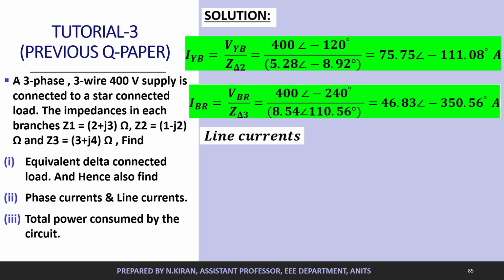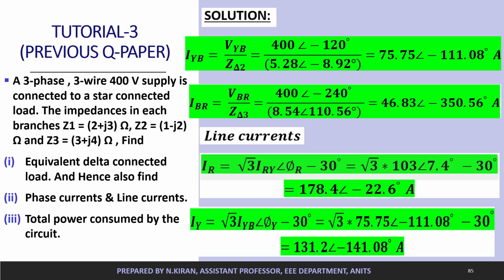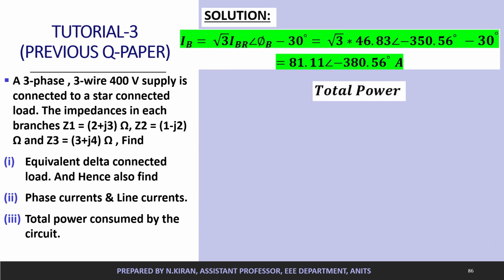Line current: in a delta connected system, the magnitude of line current is root 3 times the magnitude of phase current, and every line current lags by 30 degrees from its corresponding phase current. So on substitution, you will get the values of IR, IY, and IB.